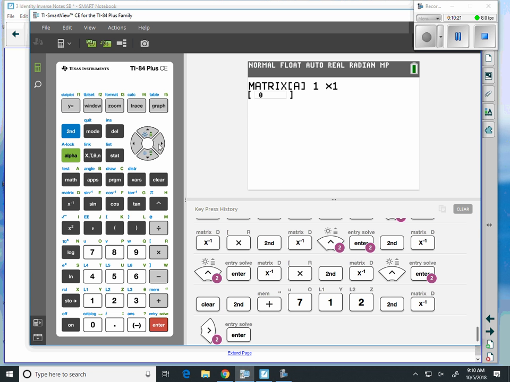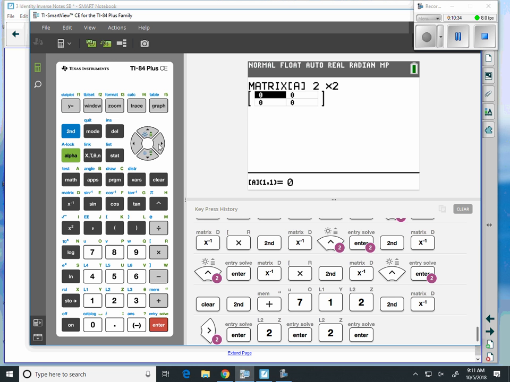Okay, so we're going to go ahead and enter a matrix A. If you look at example 3, I'm sorry, example 4, it is a 2 by 2. So we're going to put that in.